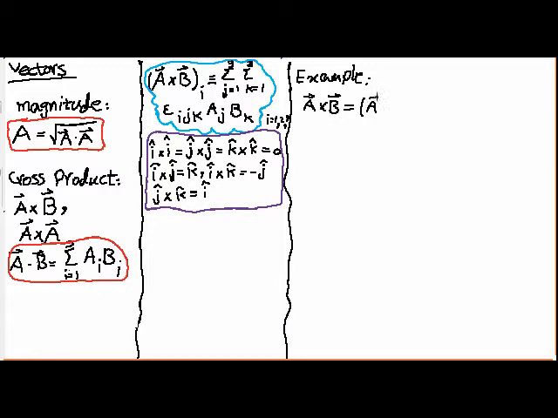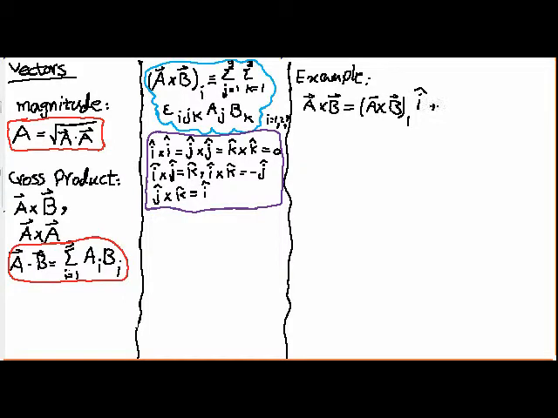(A cross B)_1 i hat. So remember, this is a vector, but this is a number because it has a 1, right? (A cross B)_1, which is the first coefficient or first component, so it's only a number.